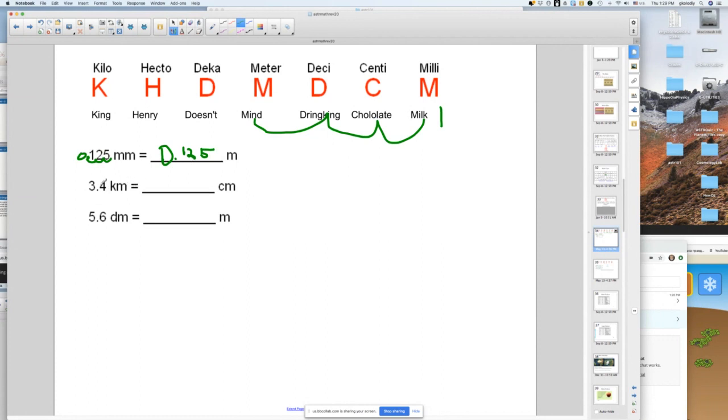To go from kilometers to centimeters, you're going to move the decimal place 1, 2, 3, 4, 5. So start here. As you move the numbers around, and I'm going to type this in.